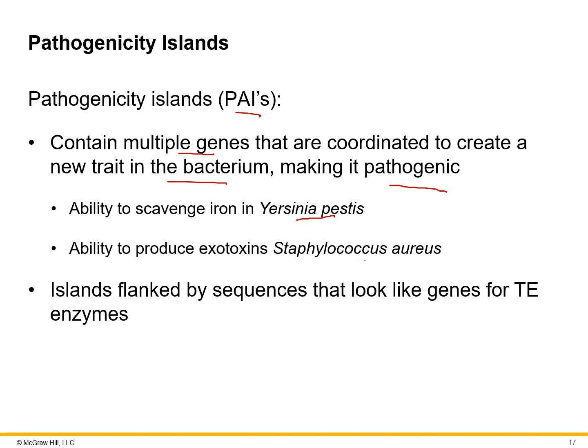The ability of Staph aureus to make exotoxins is due to horizontal gene transfer. It was able to take in and create new phenotypes through these events. And these islands of genes, these multiple genes, are flanked by sequences that look like genes used to make other enzymes.